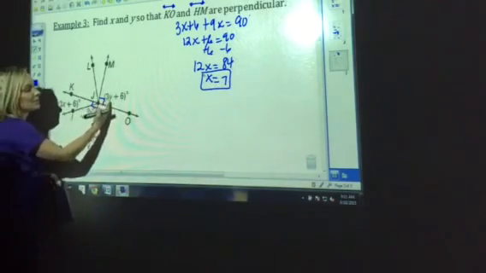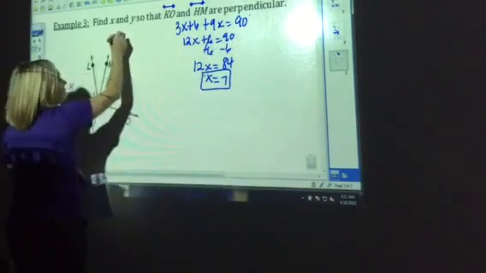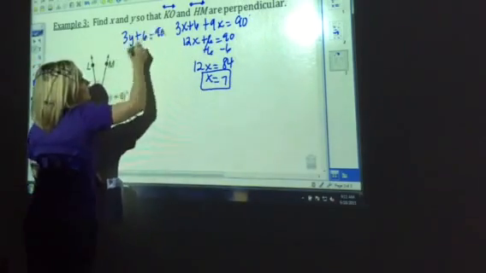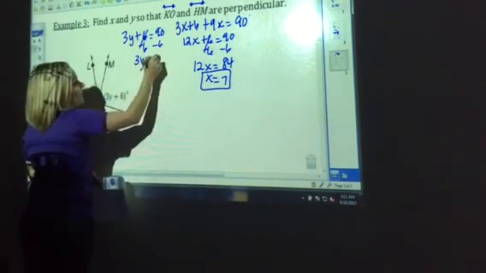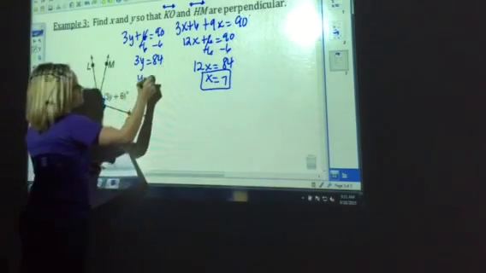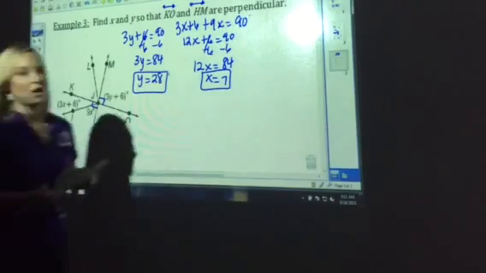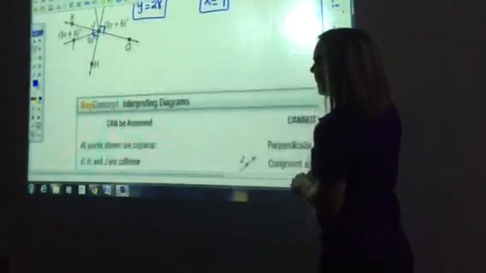For y, remember 3y plus 6 is just that great big angle, so I would say 3y plus 6 is equal to 90. So minus 6 minus 6, 3y is equal to 84, and then when I divide by 3, I get 28. So basically, you're using the figure and what you know about it in order to answer the problems.